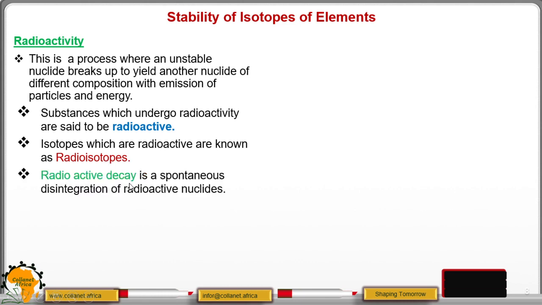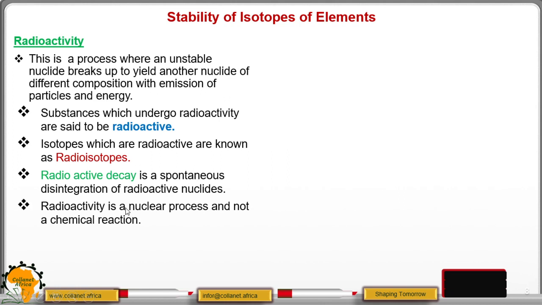So radioactive decay is a spontaneous disintegration of radioactive nuclides. When we talk of spontaneous, this is splitting that is occurring by chance. You cannot predict which nuclide will disintegrate or break next. This is governed by chance, and therefore it is spontaneous disintegration of radioactive nuclides.